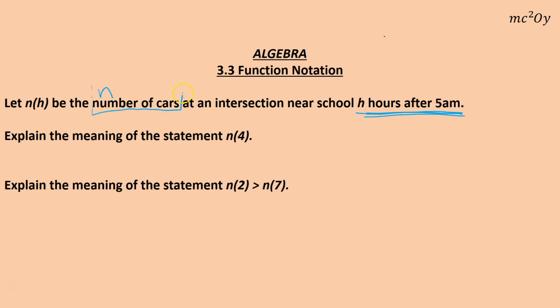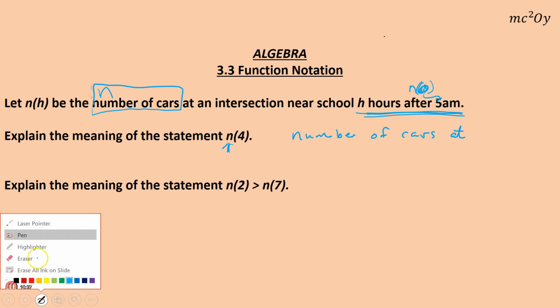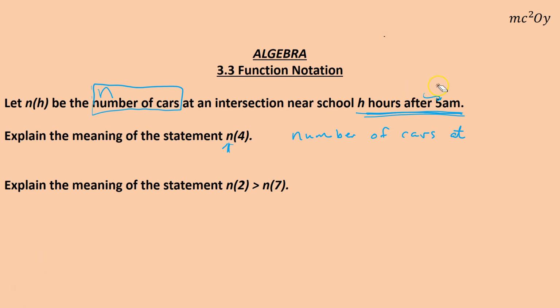Okay, that's our N. So really this is saying the number of cars, N, at, well, 5 a.m. would be N of 0. That would be 5 a.m. That means at 0 hours past 5 a.m., or at 5 a.m., you would have N of 0.